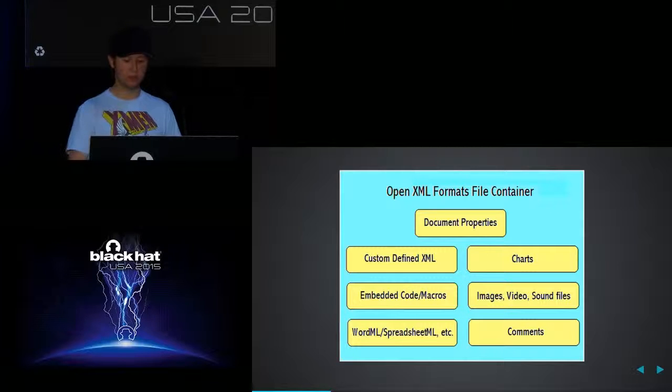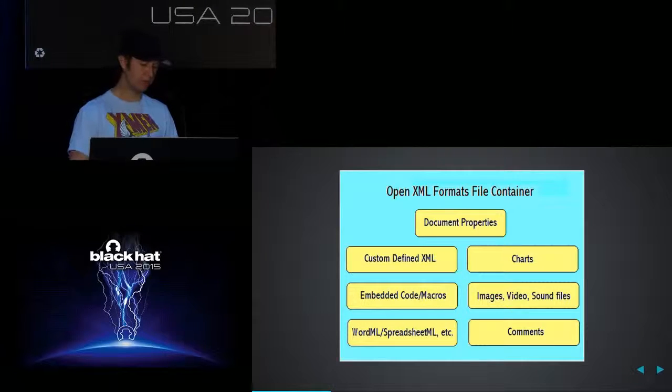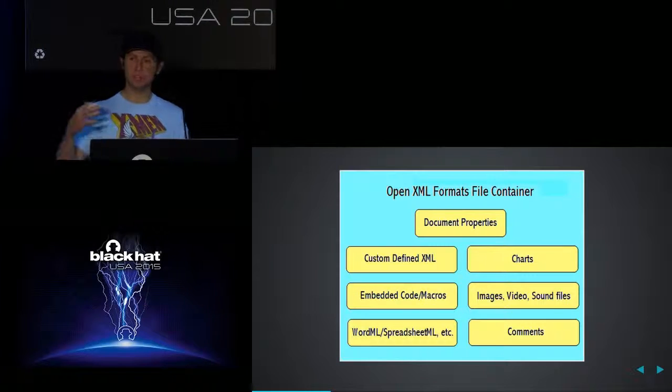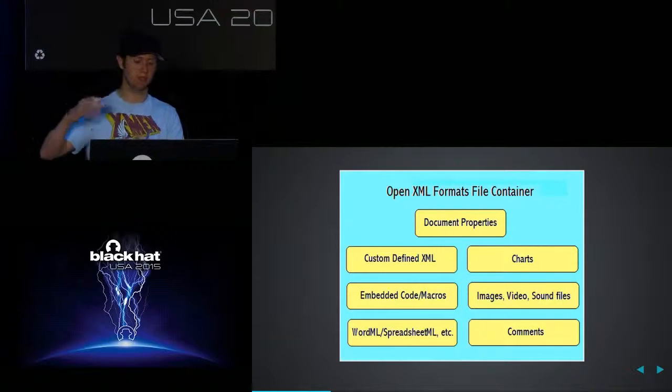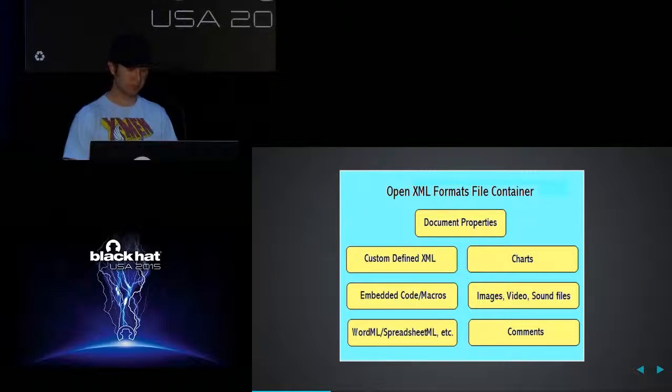On the right, you have the images, video, and sound files. If you had a PowerPoint presentation, these would be the pictures stored in your PowerPoint. And on the bottom left, the other probably most important part is WordML, SpreadsheetML. This is actually the content that you're seeing up on the page. The ML is for markup language and the way that it's formed.